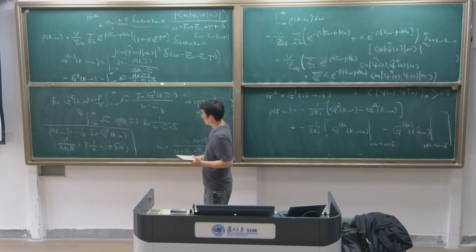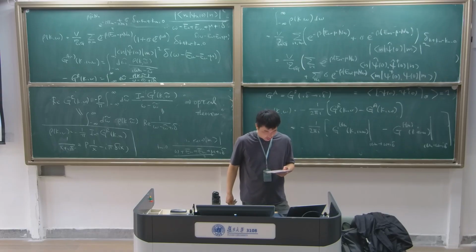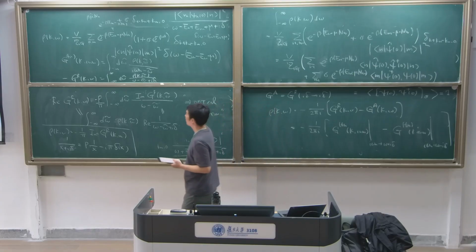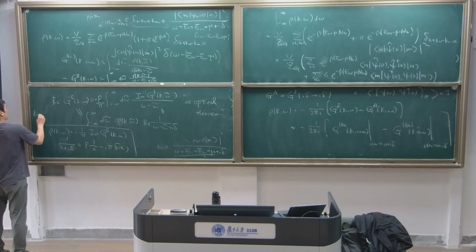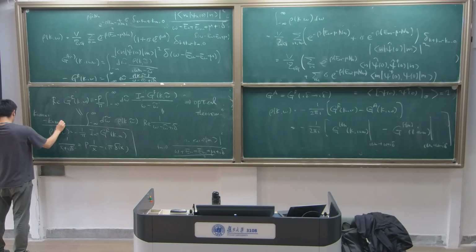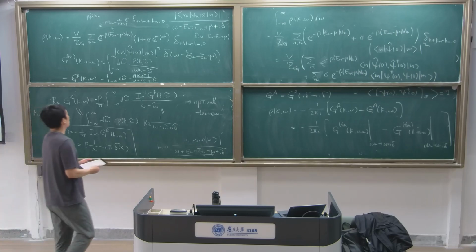In the common part of physics, this is called the Kramers-Kronig relation. Okay.